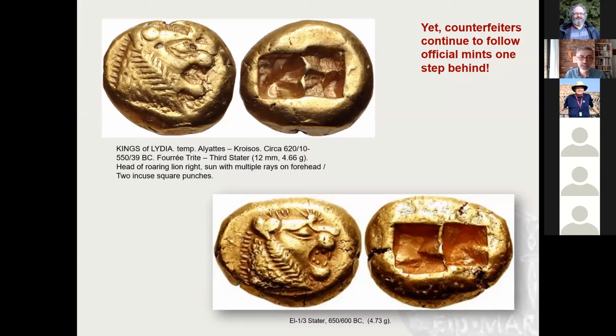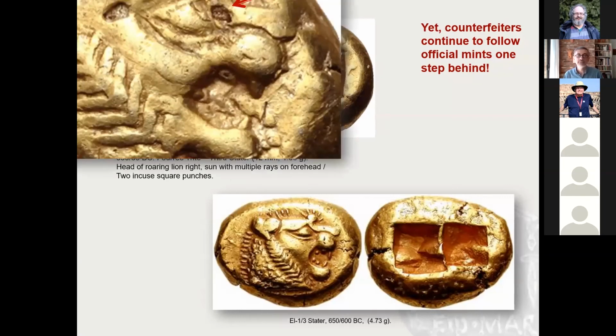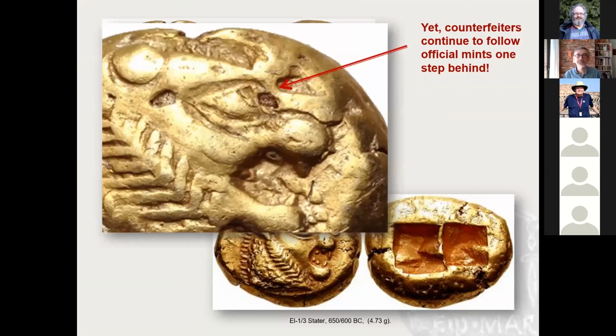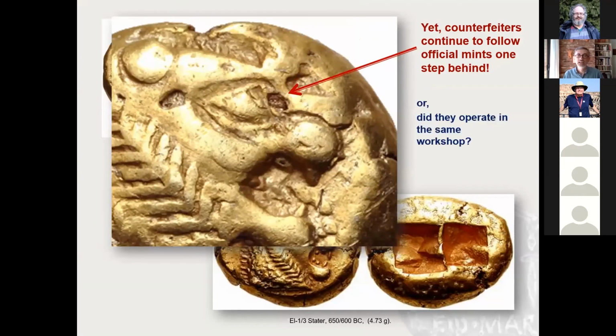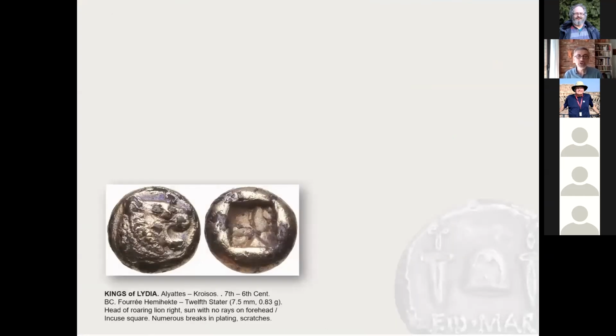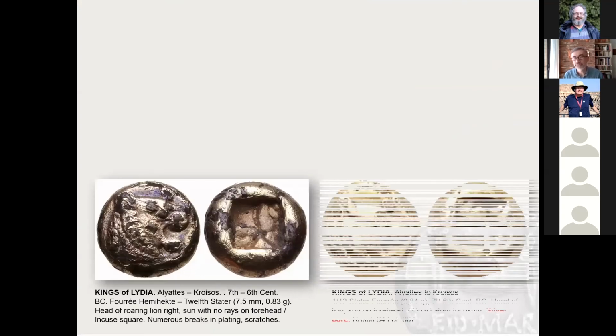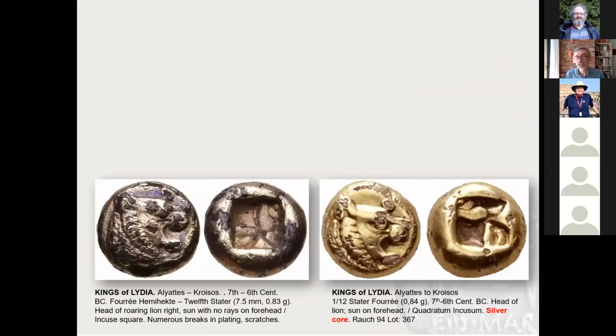So the Lydian kings decided to use their symbol on the coins, and the counterfeiters simply followed them. And I say, did they operate in the same workshop? We will never know, other than the fact that we can sometimes see die matches.